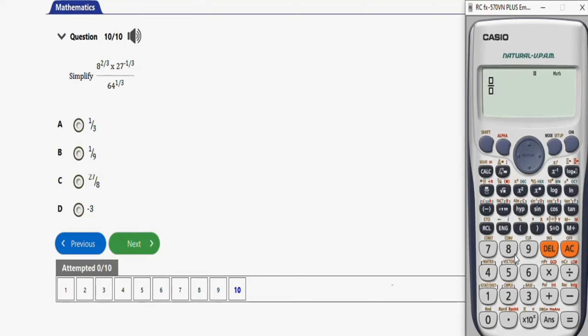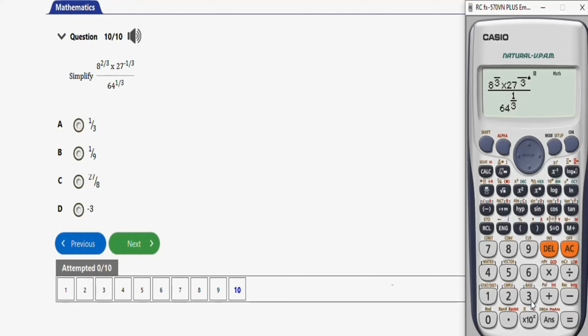We have 8 to the power of fraction 2 over 3, times 27 to the power of fraction minus 1 over 3, over 64 to the power of fraction 1 over 3.